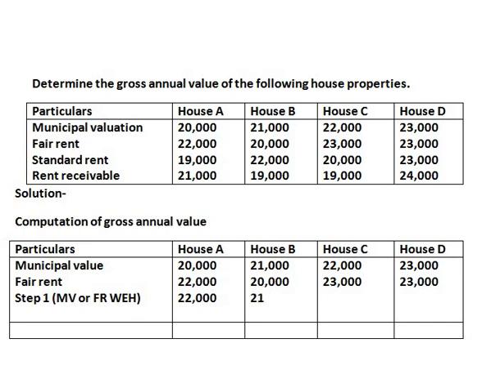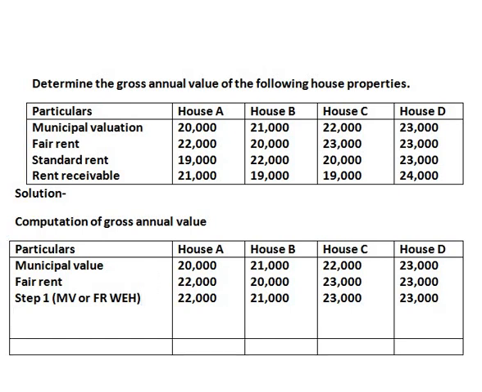Here 21,000 for house B, for house C 23,000, and for house D both the amounts are same, so 23,000. So step 1 is municipal valuation of the house compared with the fair rent of the house property, and whichever amount is greater is the answer of the first step.